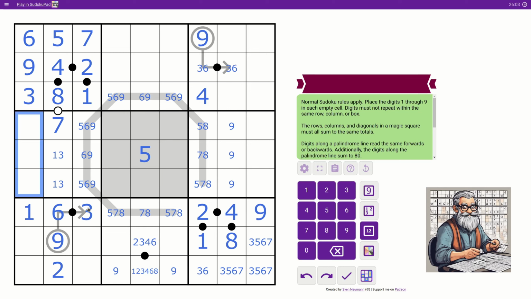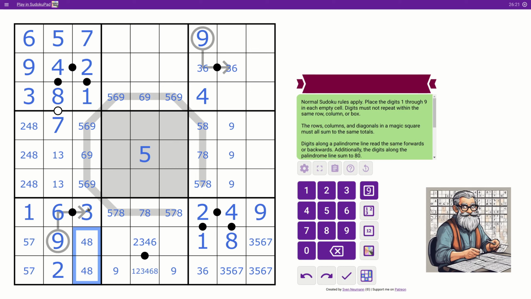Alright, and this is 2, 4, 8. Just gonna finish the pencil marking. 1, 2, 3, 4, 5 and 7, and here we're still missing then a 4 and an 8, but those are resolved here at least. 4.